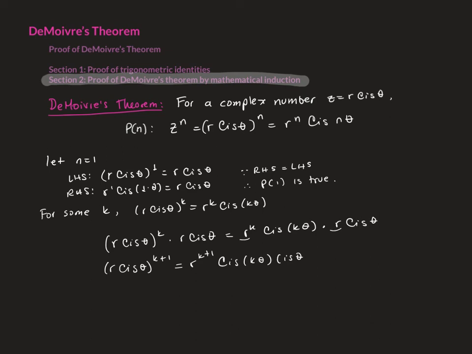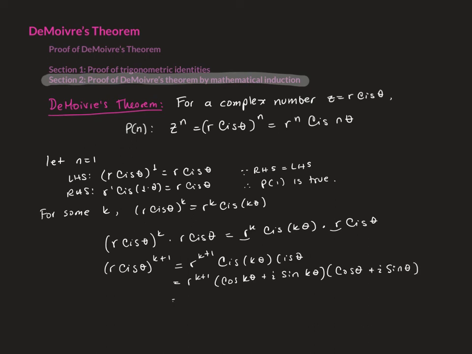Now to work this out, we should substitute the definition of cis theta, and that is going to be cosine of k theta plus i sine of k theta times cosine of theta plus i sine of theta.